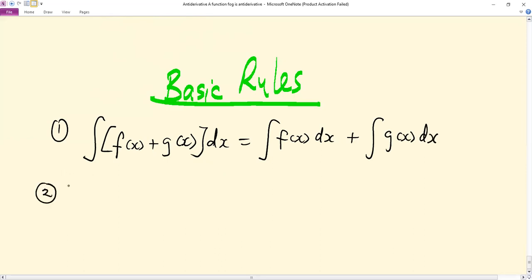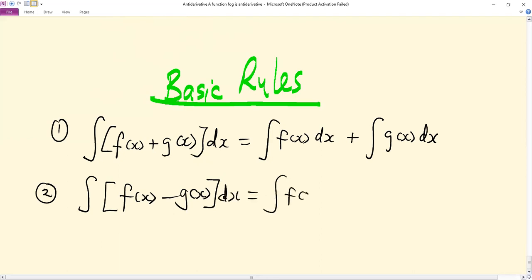And then number 2, the integral of a difference of two functions is the same as the difference of the respective integrals.